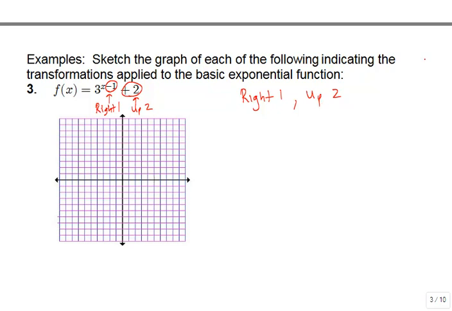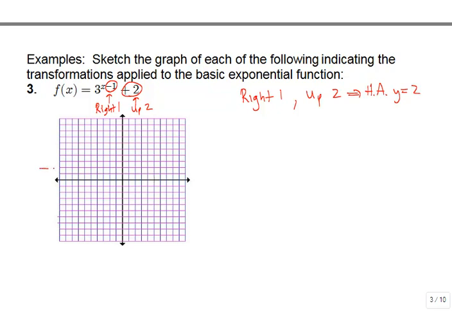Normally our graph has a horizontal asymptote at a height of y equals 0. If we are shifting this entire graph up 2 units, any kind of vertical shift up or down is going to affect the placement of that horizontal asymptote. So if we're shifting up 2, that means we are going to have a new horizontal asymptote, no longer at 0, now it's going to be at a height of 2.